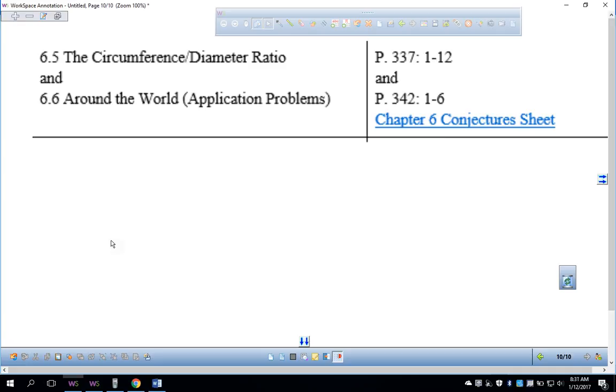What time do we get out? 10 after? Okay. So in about 20 minutes, I'm going to do one example of a word problem. Page 342 is word problems. I'll do one example, then you can work on some of those. Okay, so that's what it is.